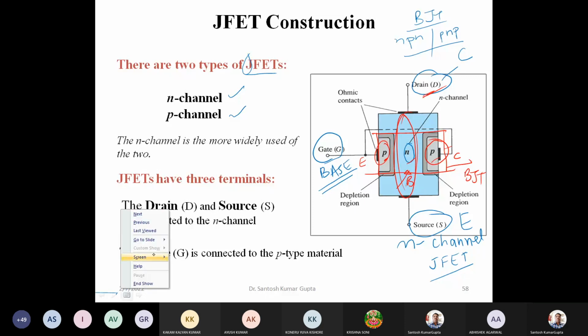To discuss a little more here, let us draw the cross section of this FET. So we start with a bulk of, say, N type semiconductor.